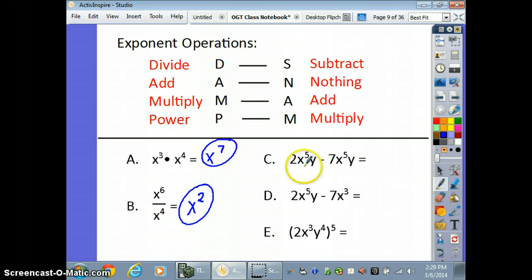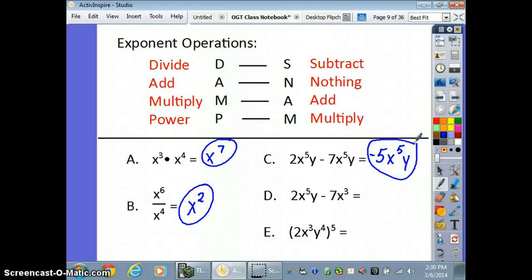Okay, when we are adding, this would really be a 2 and a -7, because for add and subtract, we do nothing to the exponents. See how the variables here do match. We do this operation though, a 2 and a -7 would give me -5, but then I can write my x to the 5th y.